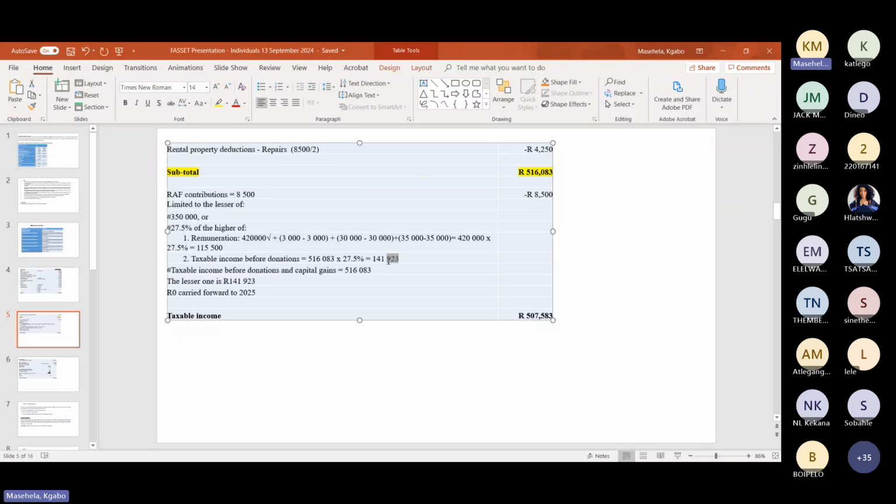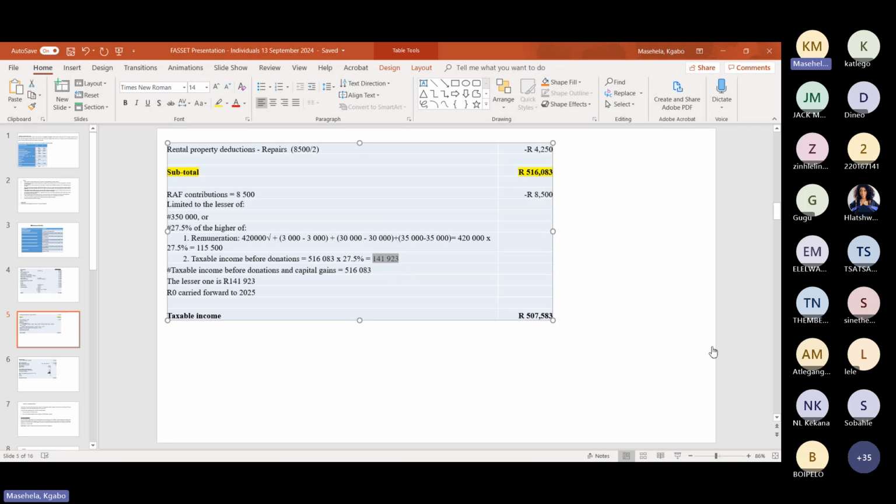The lesser is 141. So because the contribution that was made is lesser than our calculations of remuneration and the taxable income before donations, therefore the full amount of 38,500 is deductible.